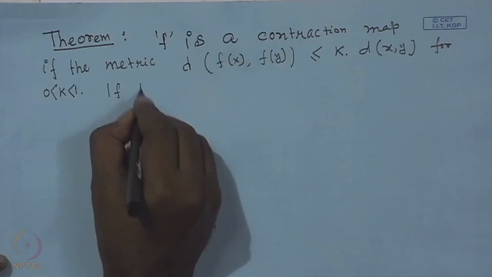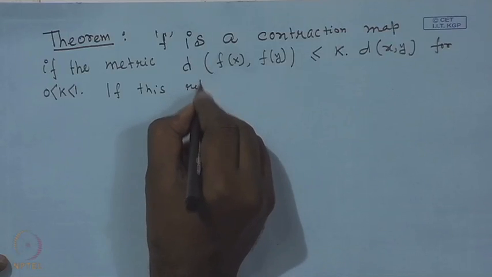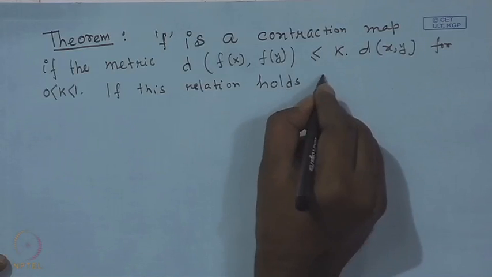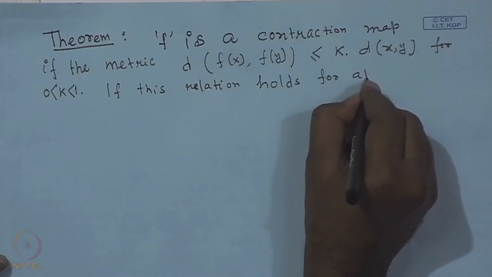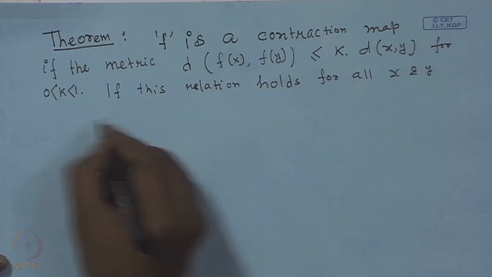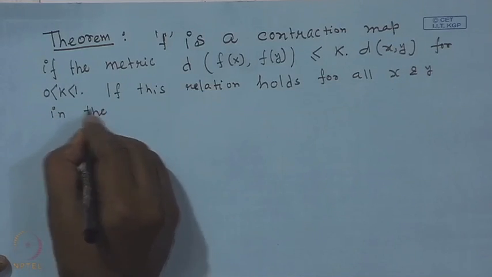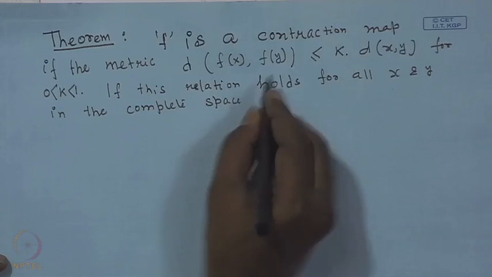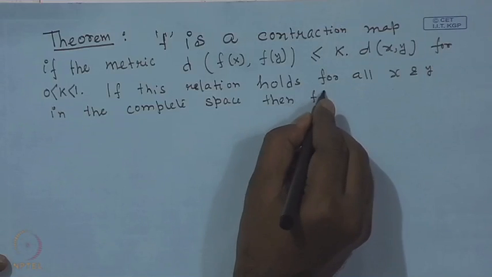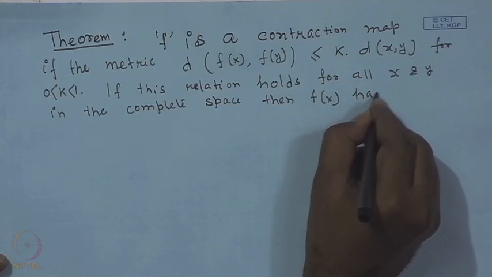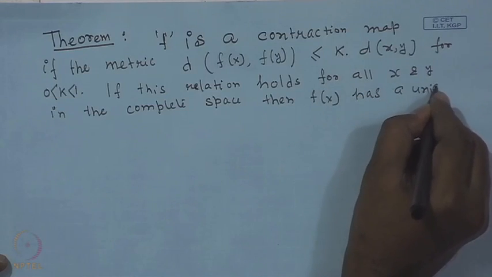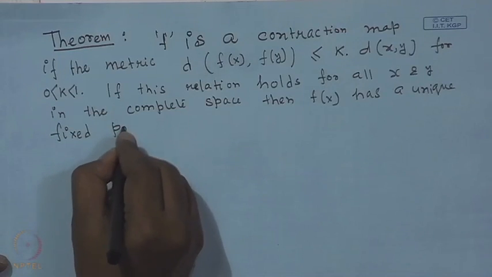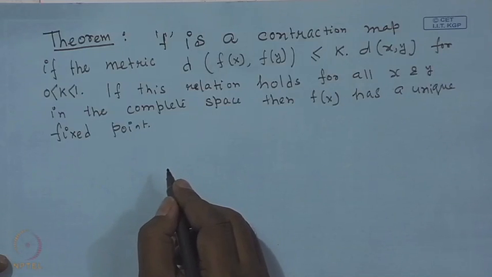Now, next is if this relation holds for all x and y in the complete space, then f x has a unique fixed point.